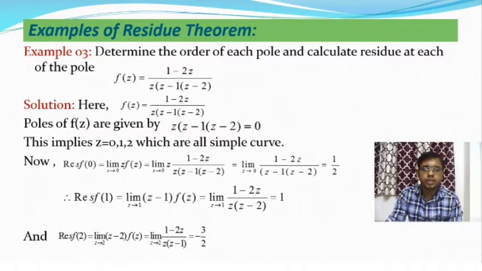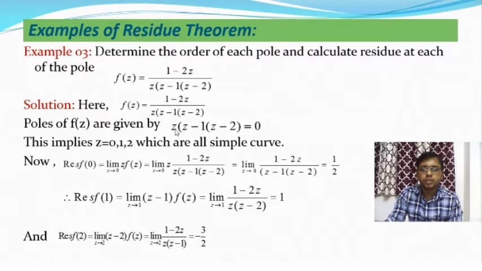So here the denominator part is z into z minus 1 into z minus 2, and therefore the poles of the function f of z are given by z into z minus 1 into z minus 2 equal to 0. There are three factors, so from this we will get each factor equal to 0.